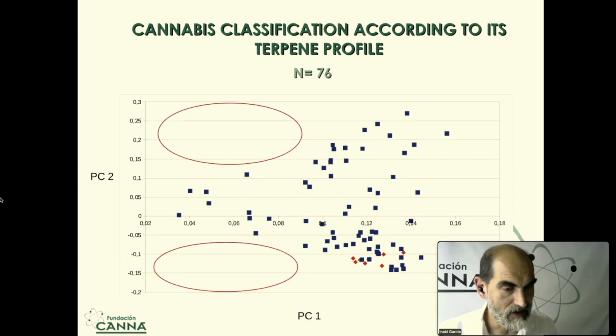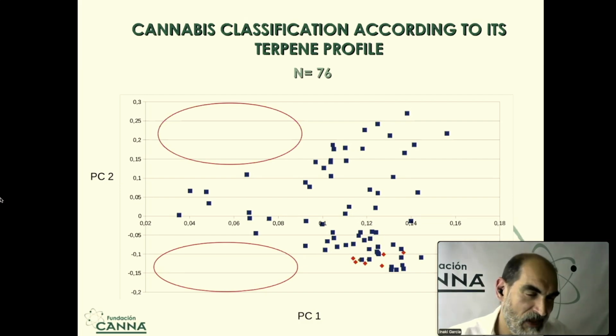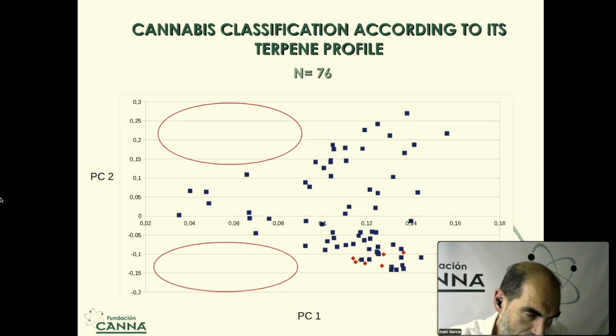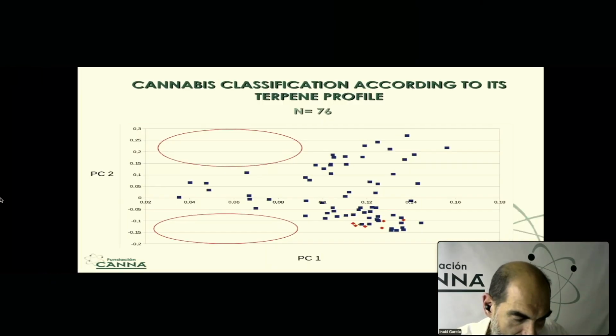So here we can see that, at least in the plants that we have analyzed, there is a gap, that is this rounded part of the graph. That means that there are almost no samples that cover that space.